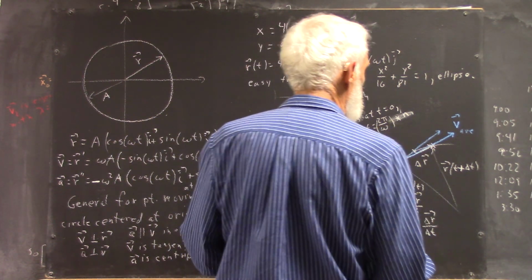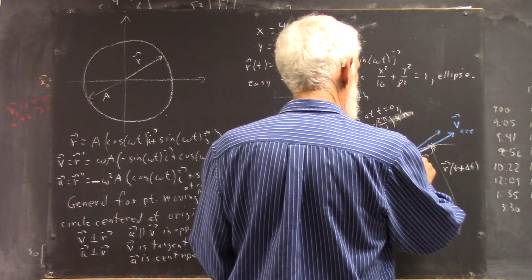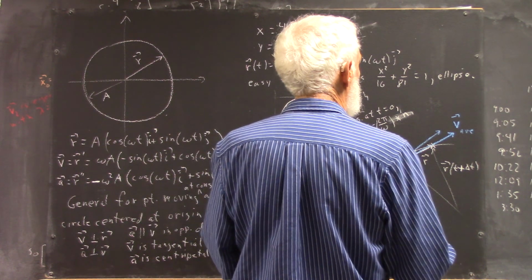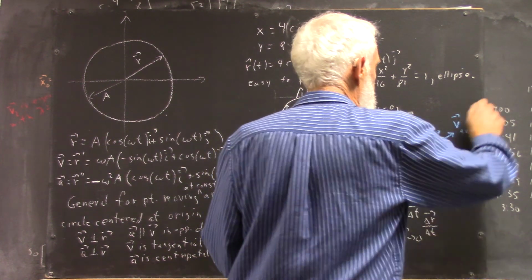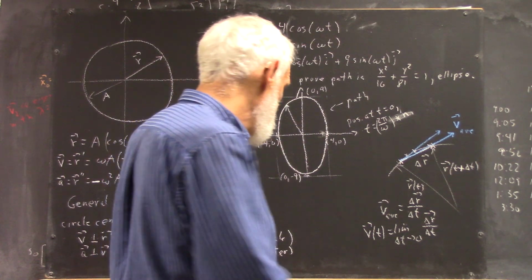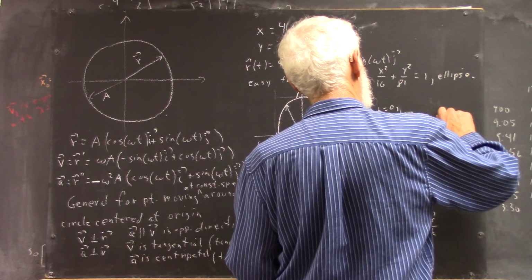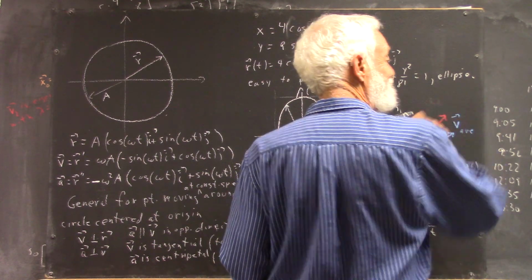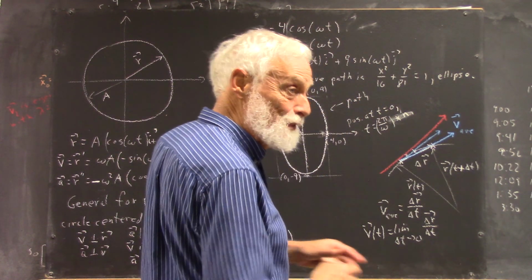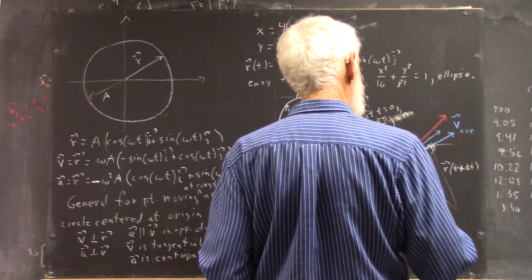Well, keep shrinking it, what happens? So we shrink it again, we shrink it again. You're going to approach the tangent vector, okay? So is the velocity always tangent to the curve? We just proved it, right? So, good statement, okay?